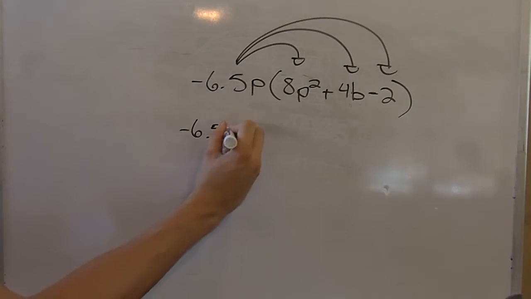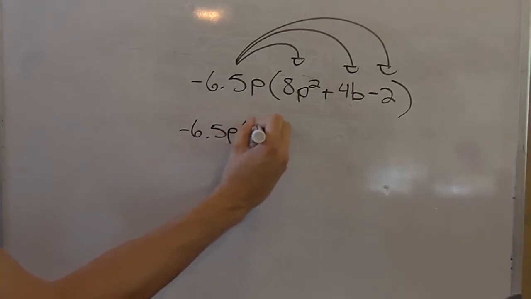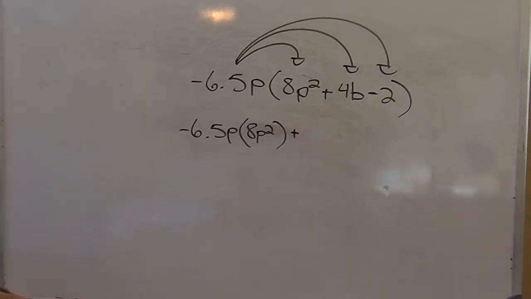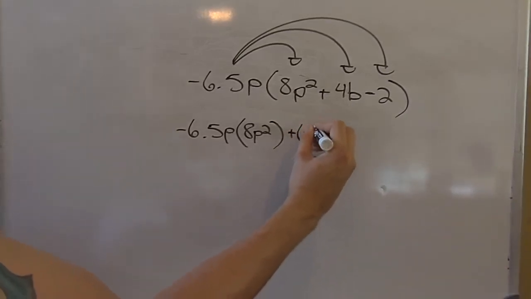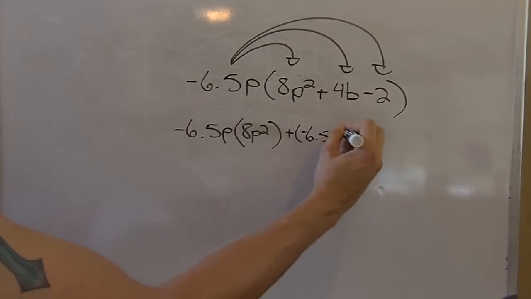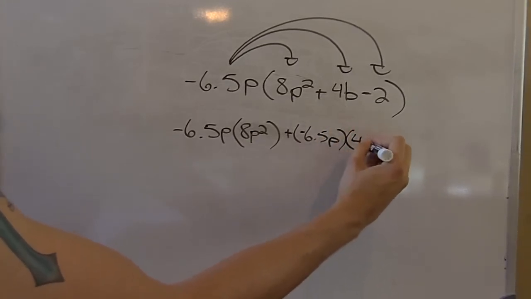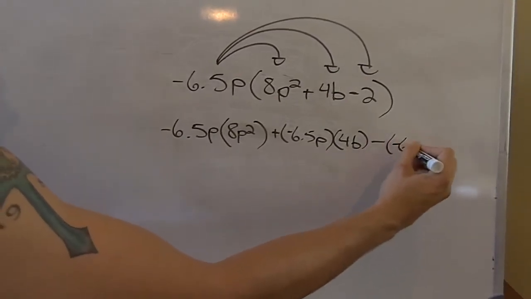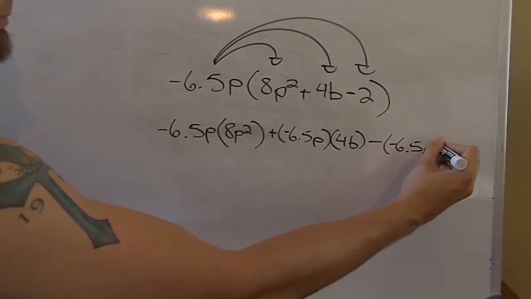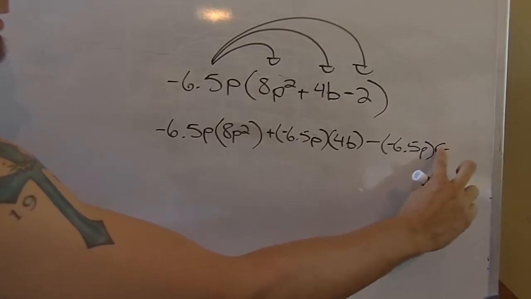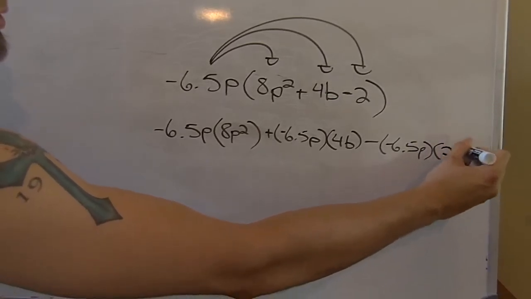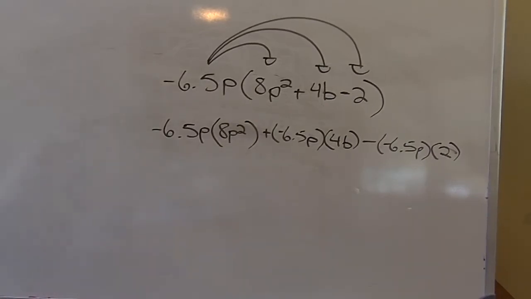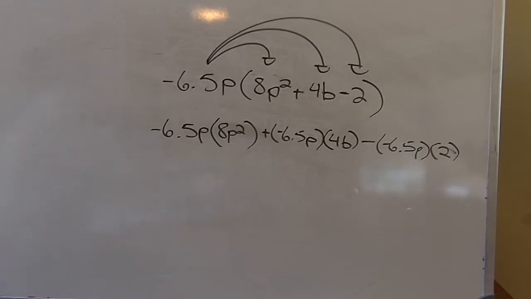Negative 6.5p times 8p squared plus negative 6.5p times 4b minus negative 6.5p times 2. Let's just make sure we can see all of that. Yep. Alright.